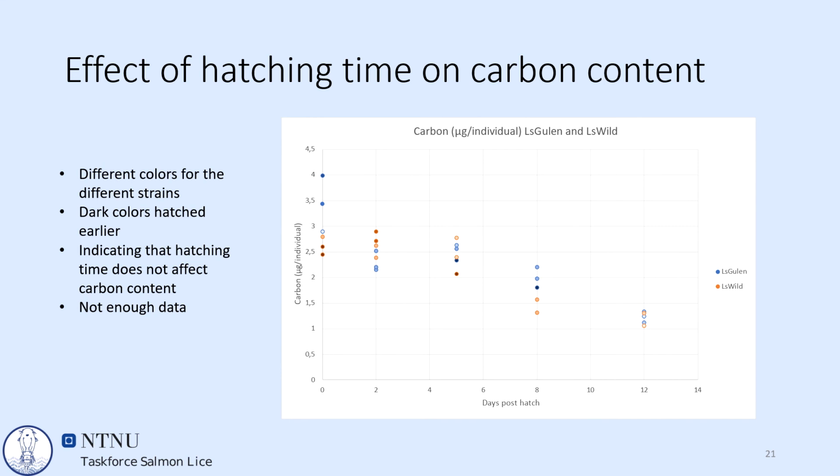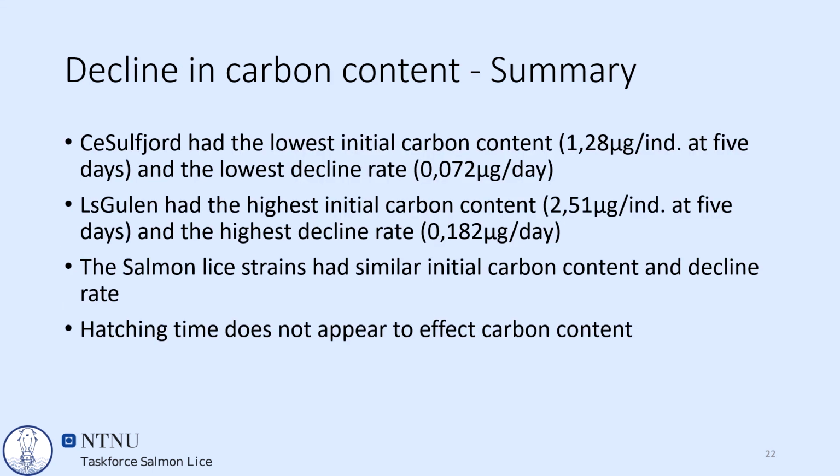It seems like they're a bit all over the place, and I can't see any obvious connection between hatching time and carbon content. But there's not enough data, and these data were not meant for this. Then we would have had more sampling times. I just wanted to see if there was an obvious connection, and there doesn't seem to be one.